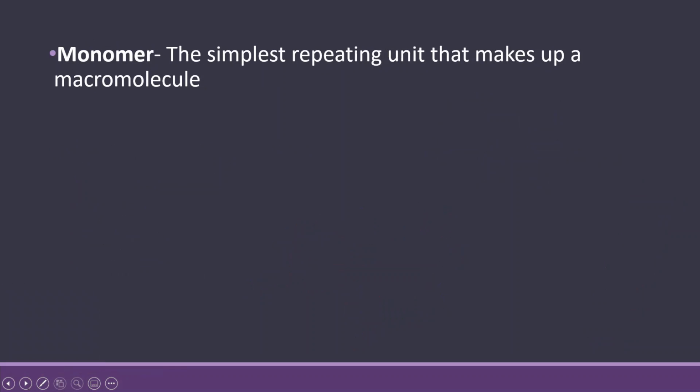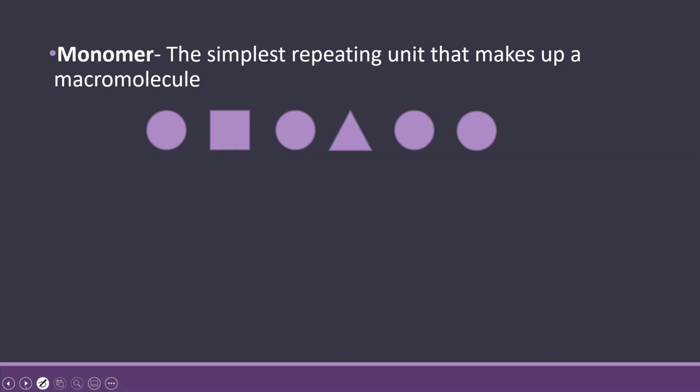The last terms that you'll need to know for our biochemistry unit start with monomer, which is the simplest repeating unit that makes up a macromolecule. These are the little teeny tiny pieces that all add up to make one big macromolecule. They are relatively simplistic in comparison to the larger molecules. They can either be exactly the same and be repeated, or pretty similar but slightly different, like I've drawn here.